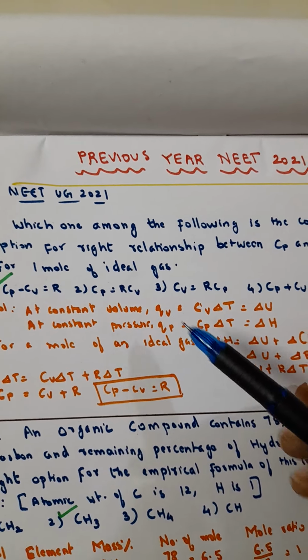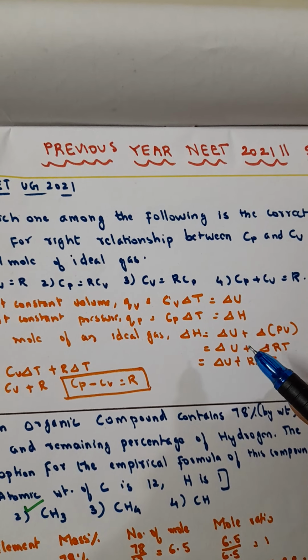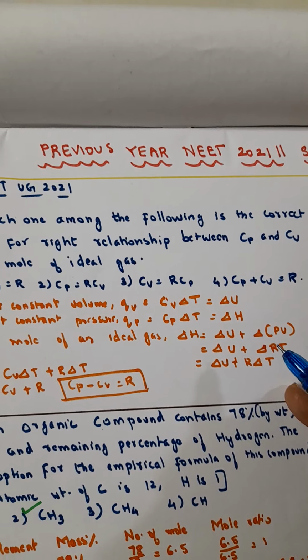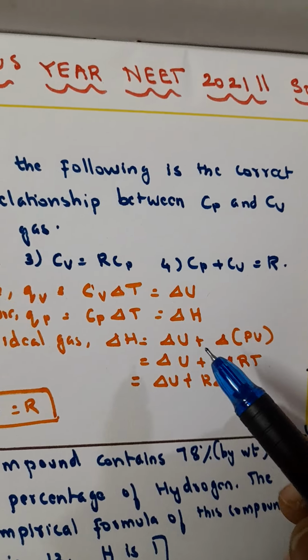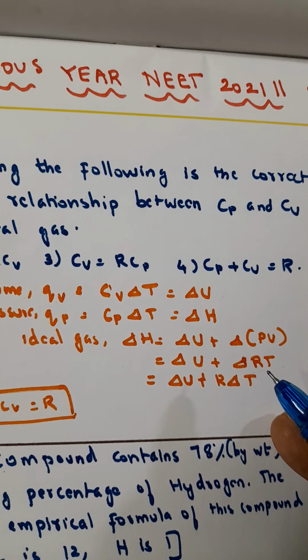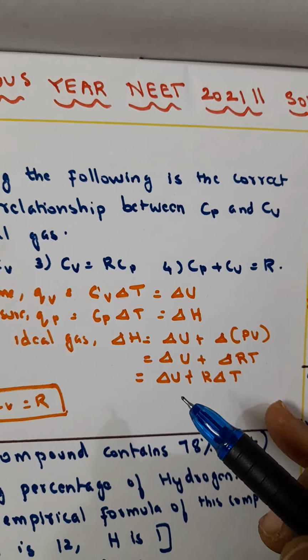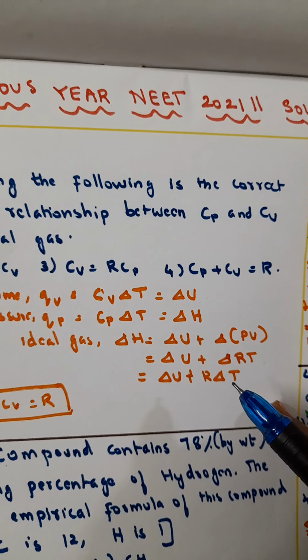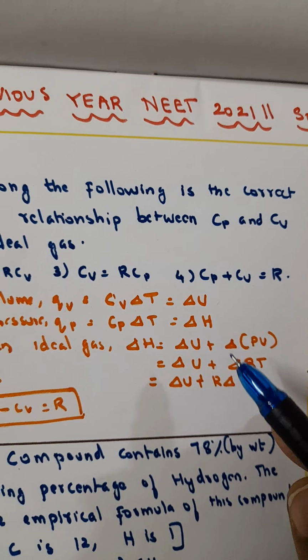For a mole of ideal gas the equation is delta H is equal to delta U plus delta (PV). And you know that PV is equal to RT. Just substitute with it, then you get delta H is equal to delta U plus R delta T, because temperature varies.